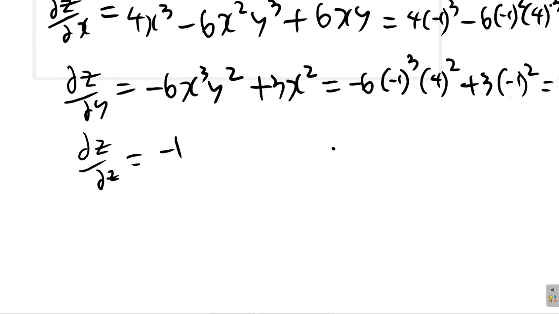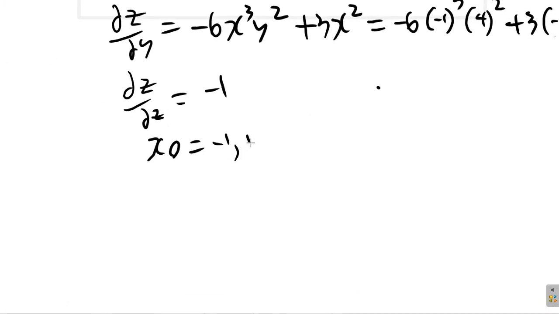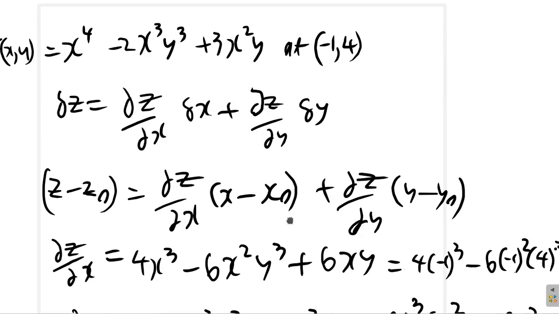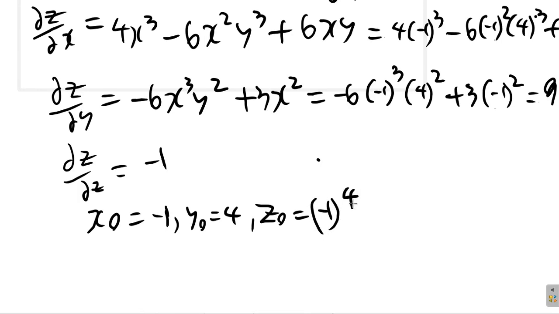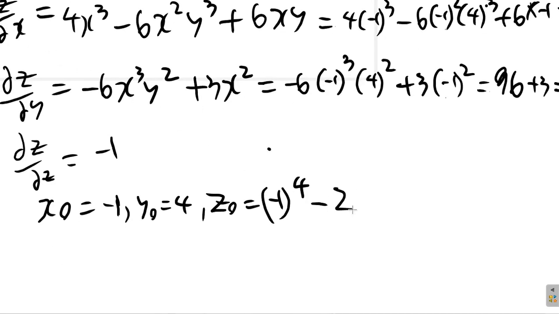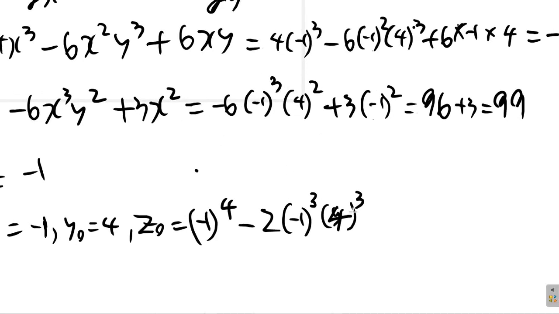Alright, so let's write down x naught equal negative 1, y naught equal 4. z naught equals what? We have x to the fourth, which is negative 1 to the fourth, minus 2x cubed y cubed, because y is 4, plus 3x squared y, that's negative 1 squared times 4.